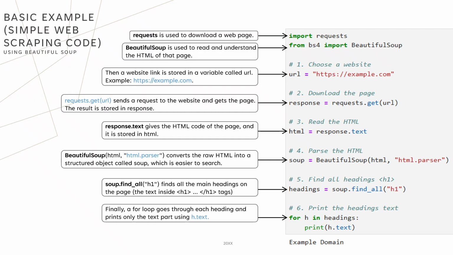Then you will clean the data, that is, remove unnecessary characters, fix formatting, and prepare for data storage. Then you will store the data in a CSV file or something like that. This entire process can be automated to run every hour, every day, or whenever you need fresh data. This is the power of web scraping.